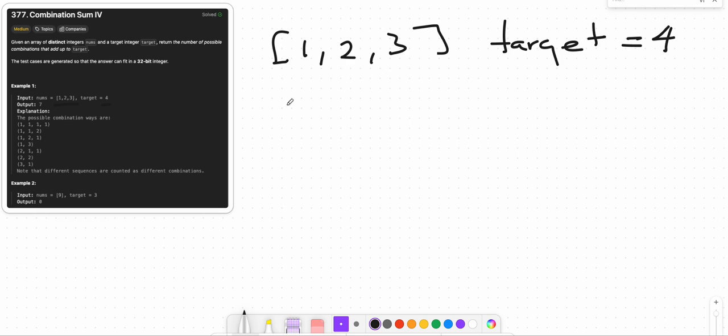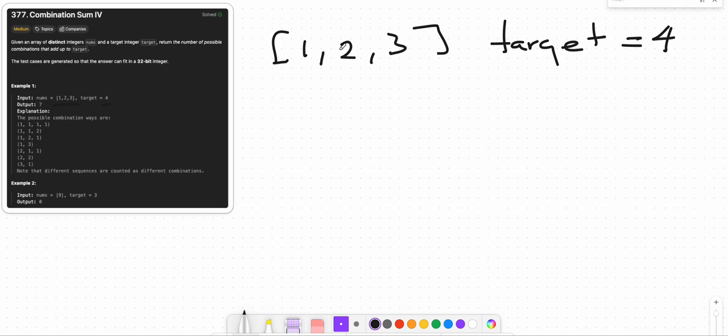The easiest approach to solve this question is to break it down to the smallest possible subproblem. How many combinations of these numbers add up to 0?